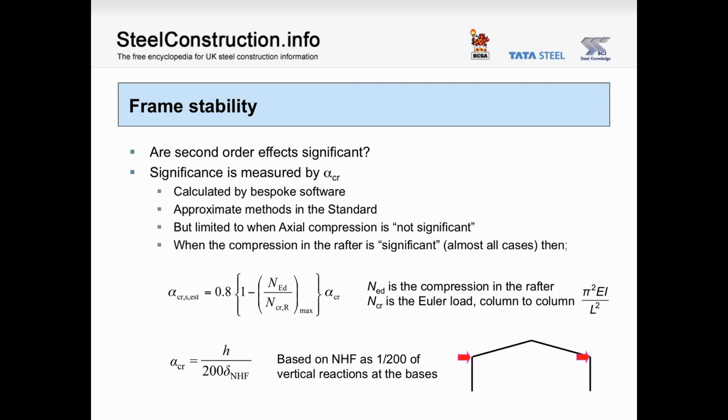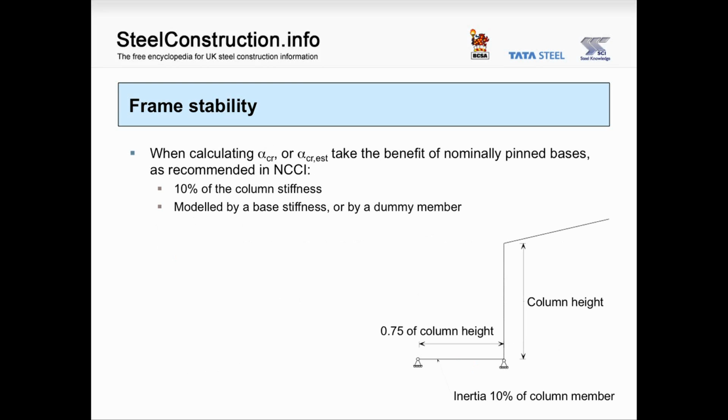Delta NHF is the lateral drift at the top of the column when we analyse the frame just with notional horizontal forces applied to the frame. Note that these are notional horizontal forces and not equivalent horizontal forces. The notional horizontal forces are taken as 1/200th of the factored vertical reactions at the bases.